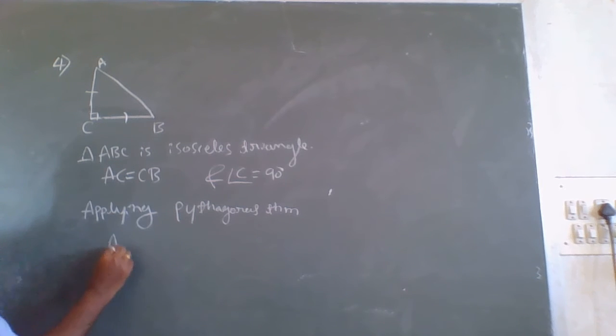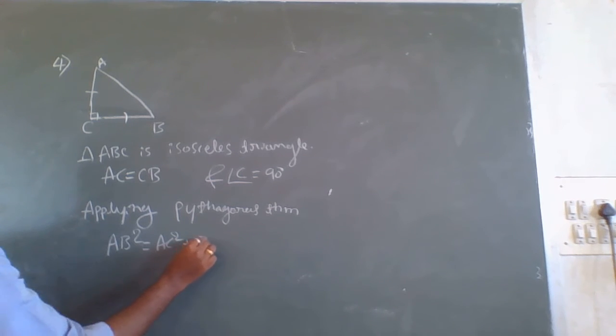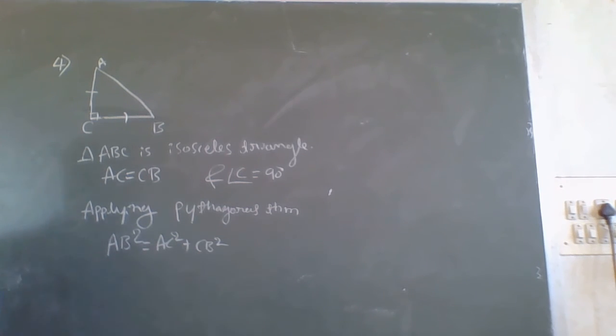AB square equals to AC square plus CB square. What we have to do here? We have to prove that AB square is equals to 2AC square.